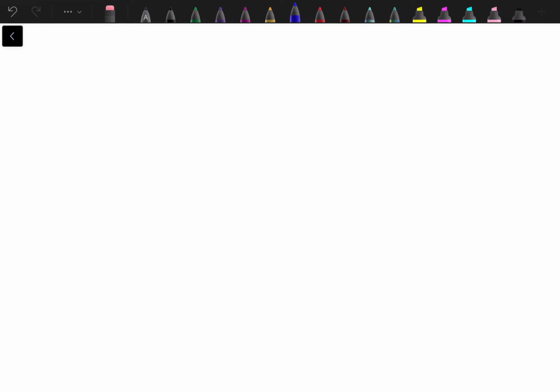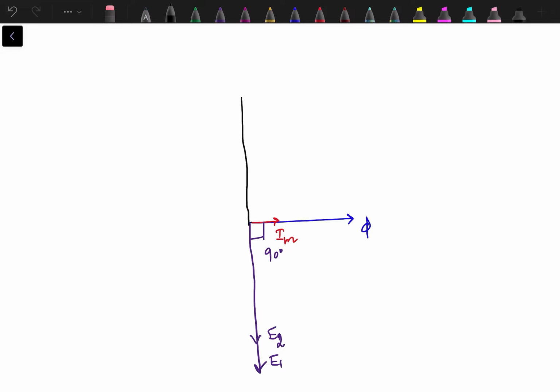So when we draw the phasor diagram, again we have to start with flux phi, a negligible current Im, E1 and E2 lagging behind this flux by 90 degrees. V1 is equal to minus E1.